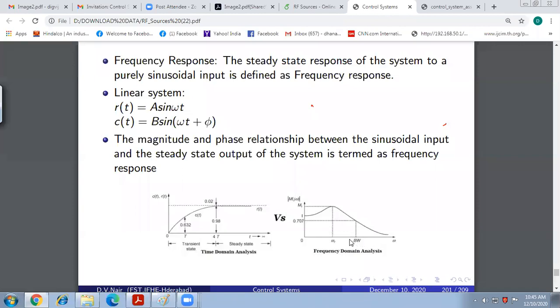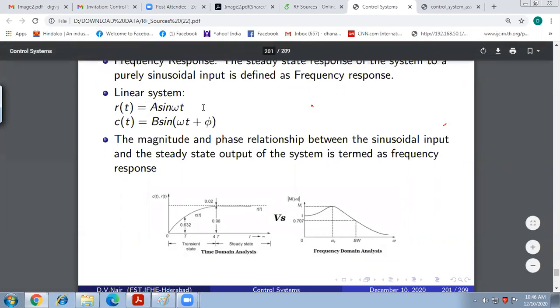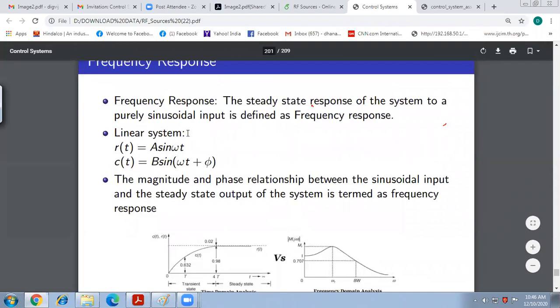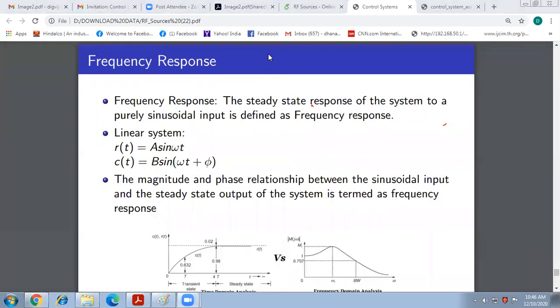Now if I have a linear system, which we have restricted ourselves to in our discussion of control systems, then in determining frequency response, one important thing to remember is that the input given to the system will always be a sinusoidal input. In time response, which input do we use to analyze the system output?